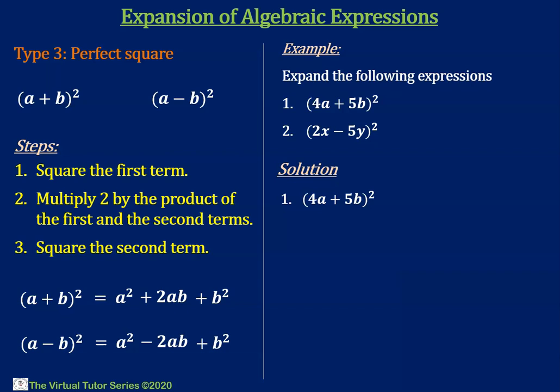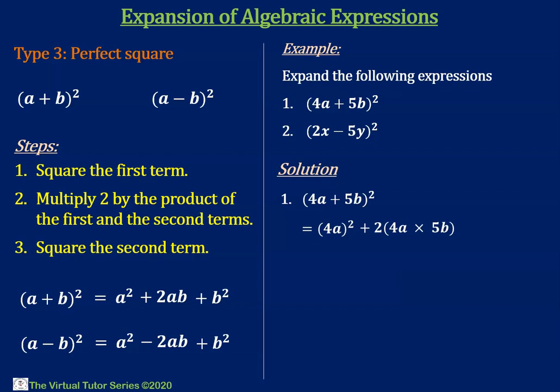Step 1 is to square the first term. So we have (4a) all square. Step 2 is to multiply 2 by the product of the first and second terms. So we have 2 into bracket 4a times 5b bracket close. And step 3 is to square the second term.